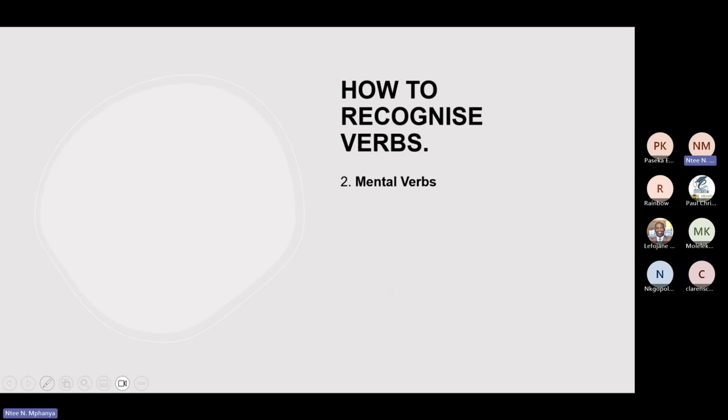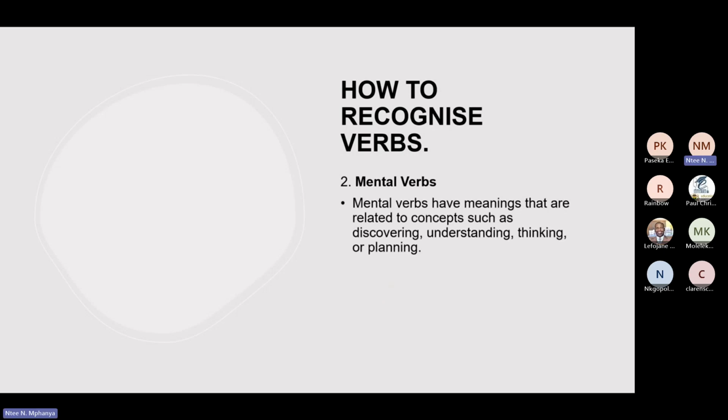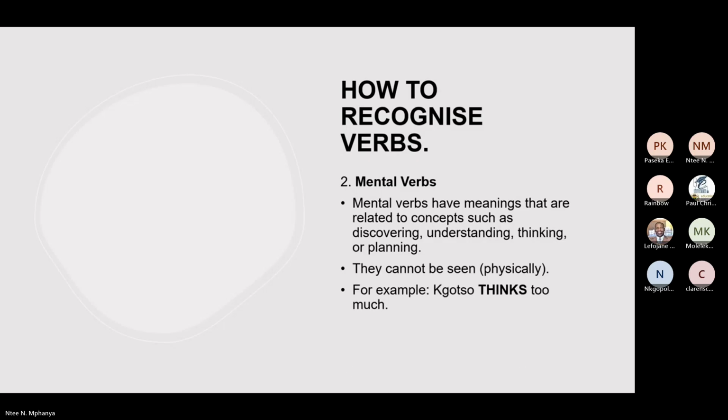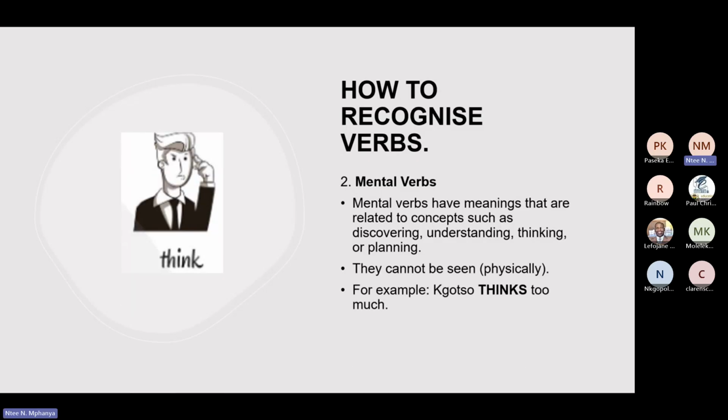Then we have mental verbs. These verbs have meanings related to concepts such as discovering, understanding, thinking, or planning. They cannot be seen physically. For example, Khoto thinks too much. Let's look at Khoto here.